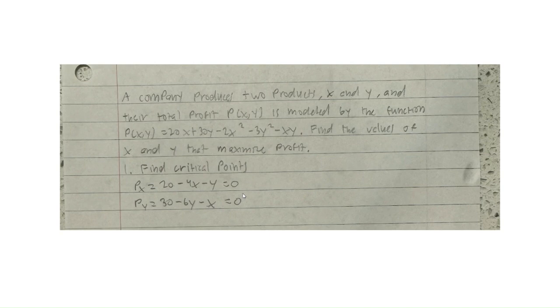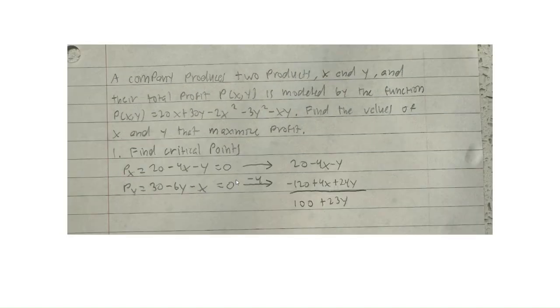And to really find the critical points, what we would usually do is solve for one variable, like, for example, we would solve for y. But since both variables, x and y, are in these equations, we would have to eliminate one of them in order to solve for the other. So that's exactly what we do here.